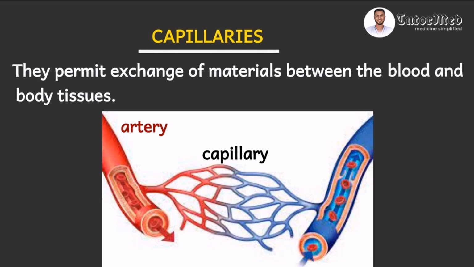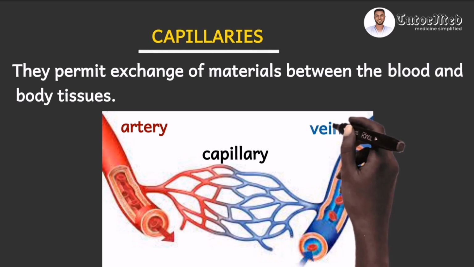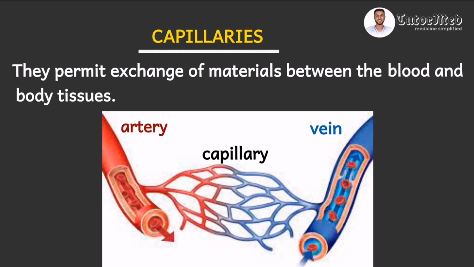Then after the tissues have used up the contents of the blood in the capillary system, they give their waste products like carbon dioxide, and the veins will drain that blood and send it back to the heart. The heart will pump that blood to the lungs for reoxygenation, and then the cycle continues. And so basically capillaries permit exchange of materials between the blood vessels and the body tissues.